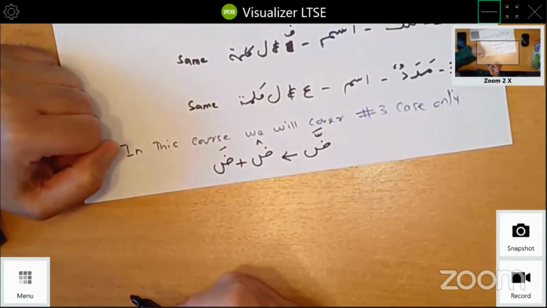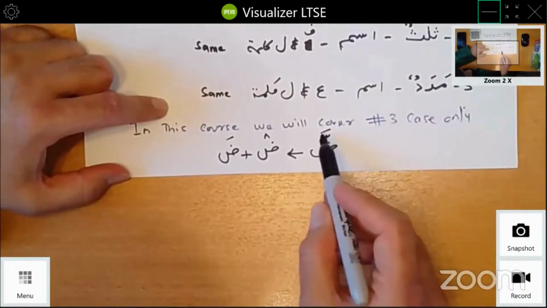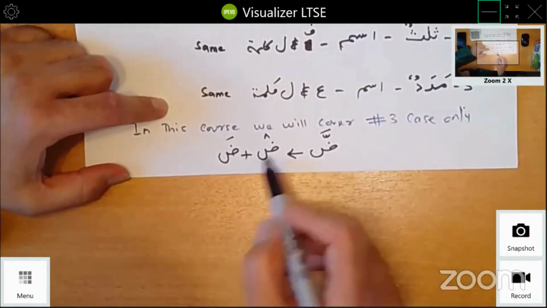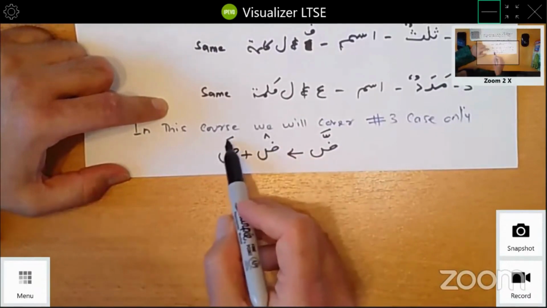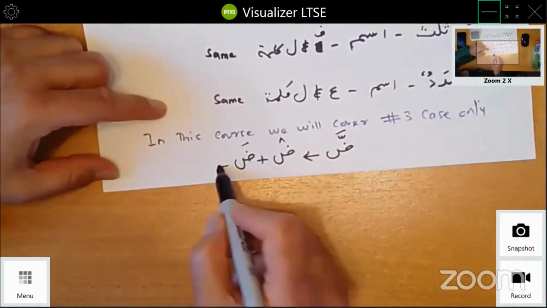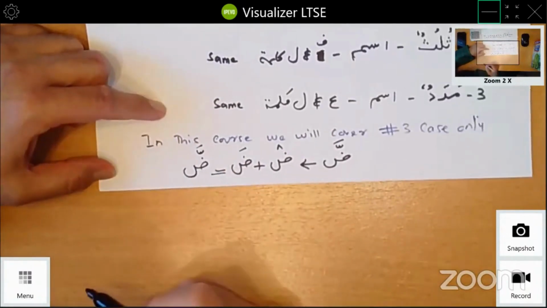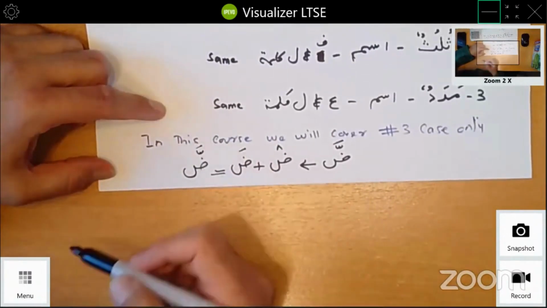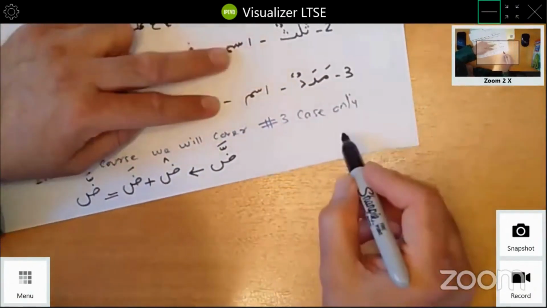So next time when you see something with the shadda and the haraka on it, that means the first dad was sukoon and the second dad had a fatha on it. And when you write it in short, you say dad with the shadda and the fatha.